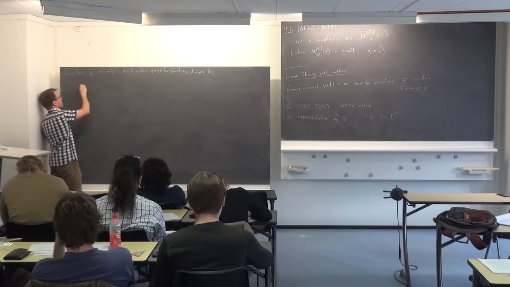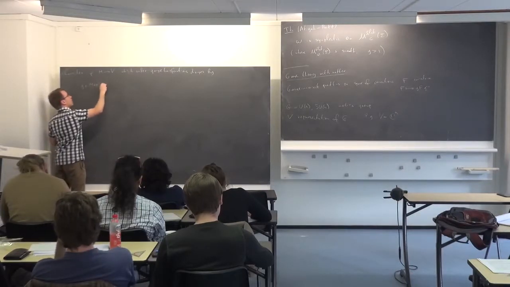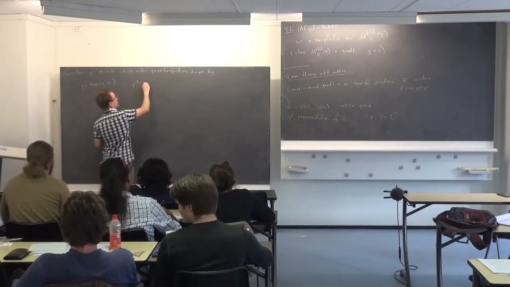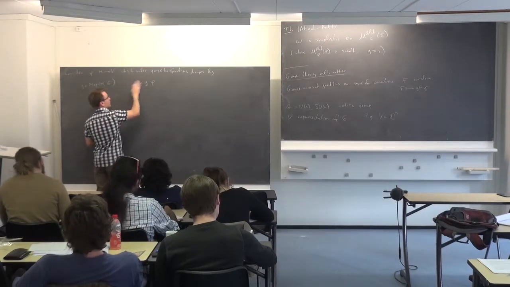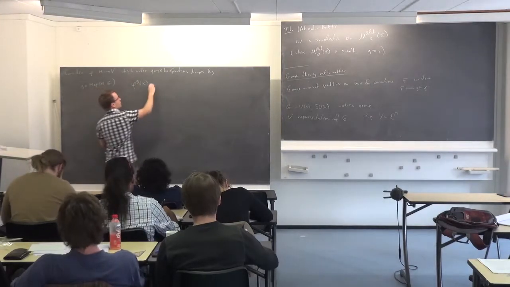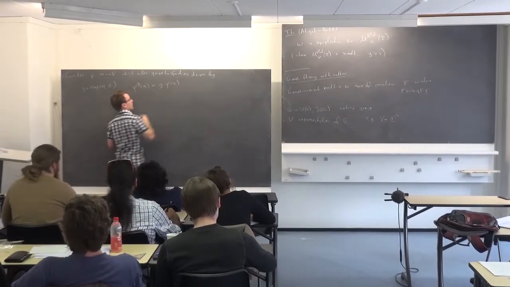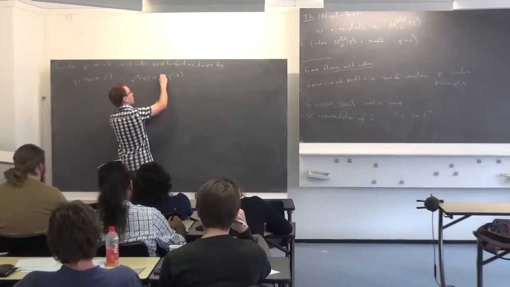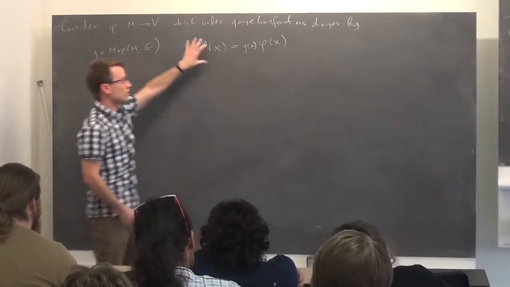So if you have some g, which is again a map from M to the group, then I'll let phi^g at some point x be g acting on phi at that point. So g was some matrix, and phi is some vector, so you can act by this matrix on this vector. So this is how phi transforms.